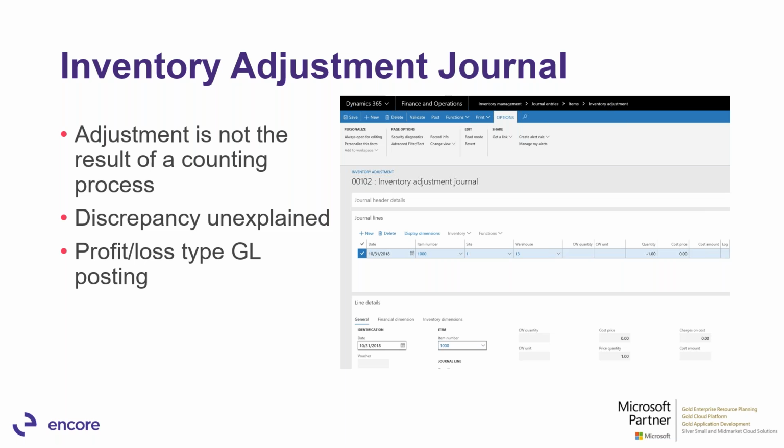But let's remember that in this case, it's an unexplained profit. It is understood, of course, that a certain amount of unexplained inventory discrepancy goes along with the nature of all kinds of businesses. But the higher these numbers are, the higher the values of these transactions posted against these accounts are, the more we can draw the conclusion that your control over your inventory is not necessarily as tight as it could or should be.